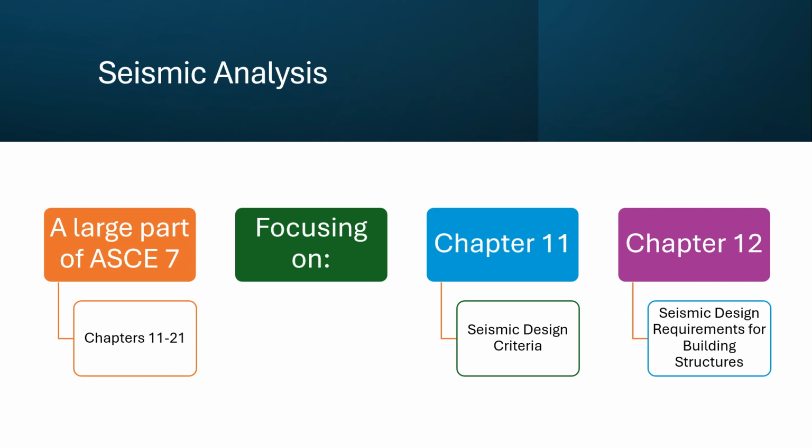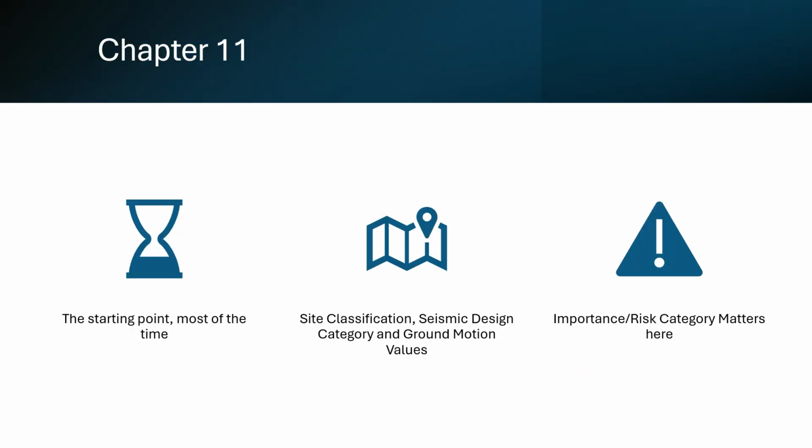11 is the seismic design criteria. This is kind of site-specific, ground motion values, and then moving into chapter 12, which is equivalent lateral force procedure and the design requirements for buildings. So chapter 11 is kind of the starting point.